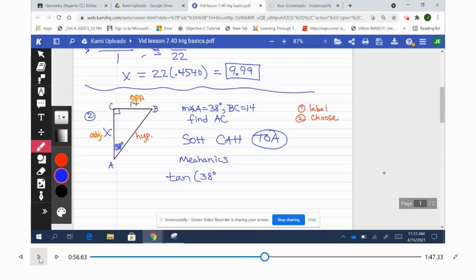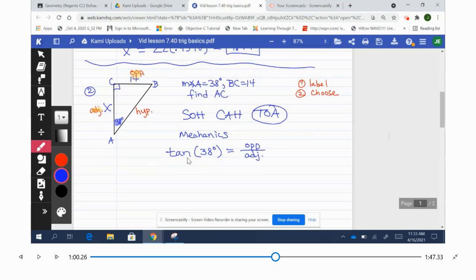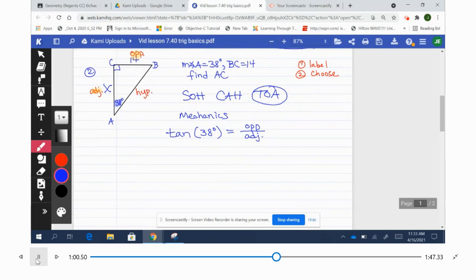Again, mechanics, we have the tangent function of 38 degrees. And I jumped the gun a little bit. I should be saying opposite over adjacent here, so I erased it. Okay, so tangent wants opposite over adjacent. 38 degrees. All right, the ratio of the opposite to the adjacent will be 0.7813 in your calculator.